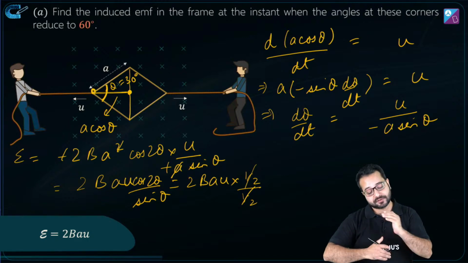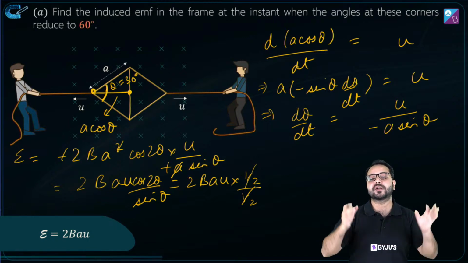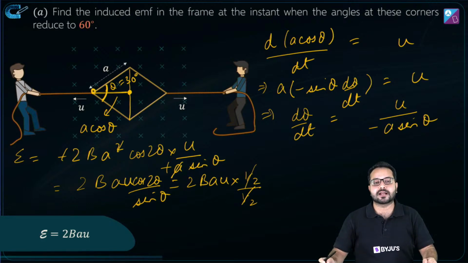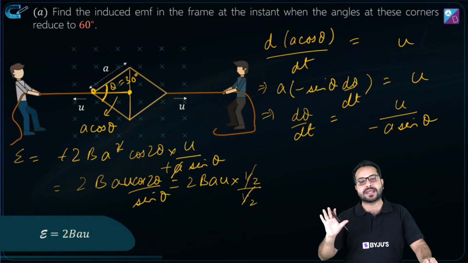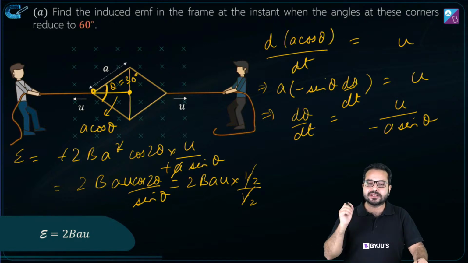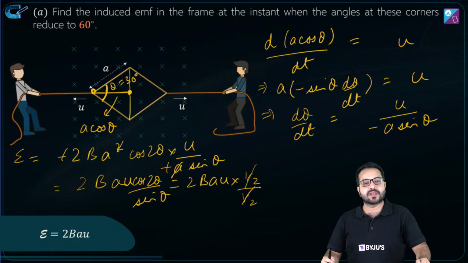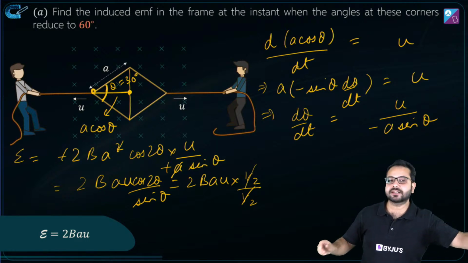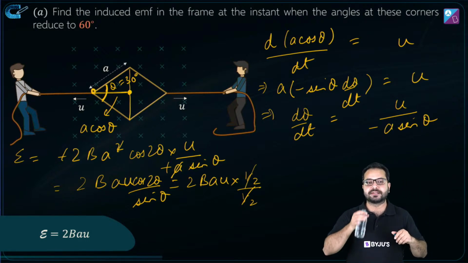So after doing the substitution at this particular instant, we get our answer as EMF is equal to 2BAU. Any problem, guys? If you have any confusion, anything you want to ask me, ask away and I'm going to answer that. Just check if you are comfortable with this.